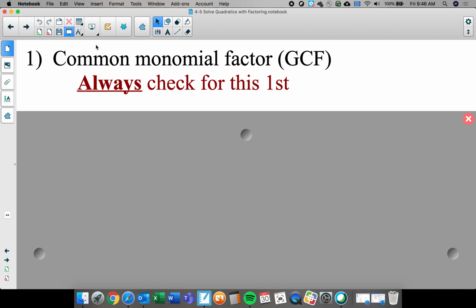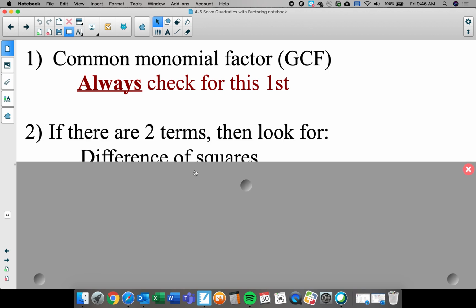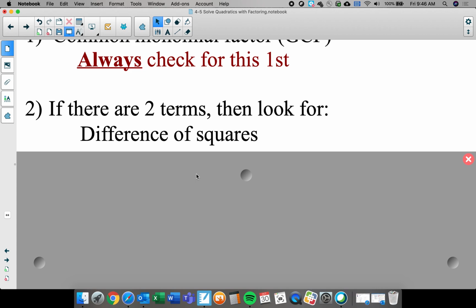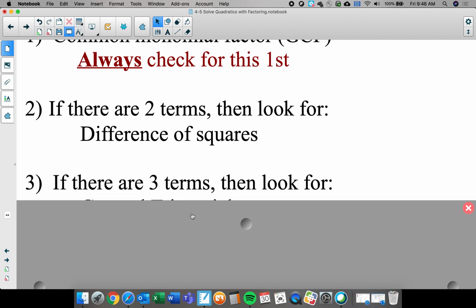So if we take a look, step number one, and this is the reason why we started with this in the warm-ups, is the first thing you should always look for is a greatest common factor, to see if you can factor anything out that will then make everything else easier after that. So that's step number one always. Step number two is if there are two terms, then you want to think of a difference of squares and see if you can factor your difference of squares.